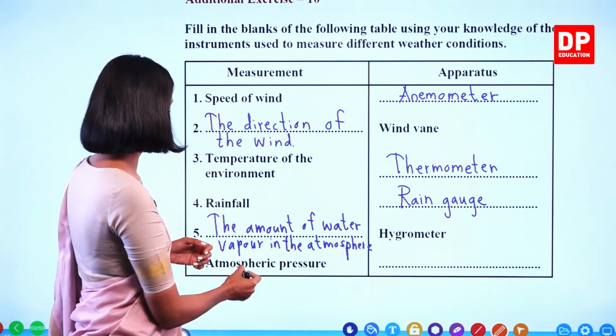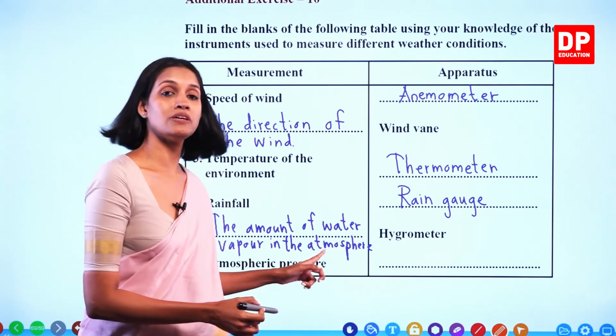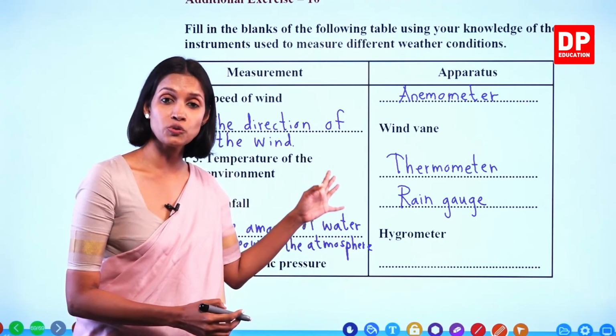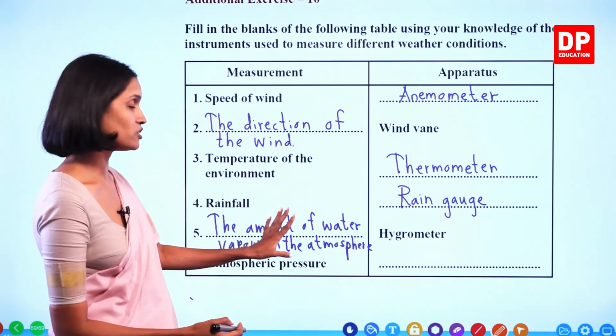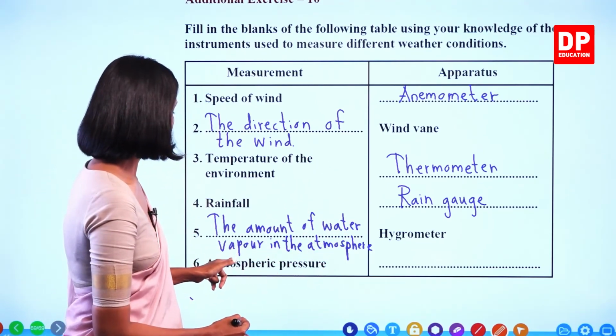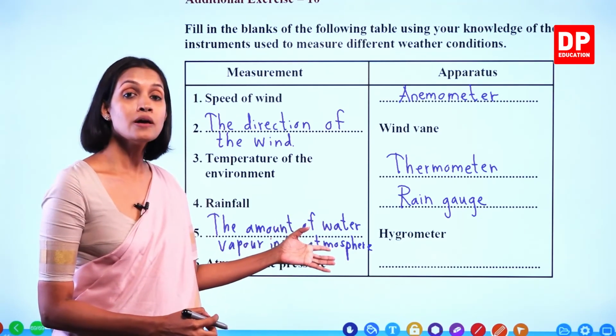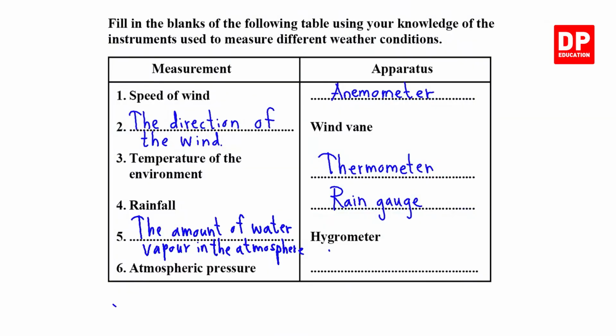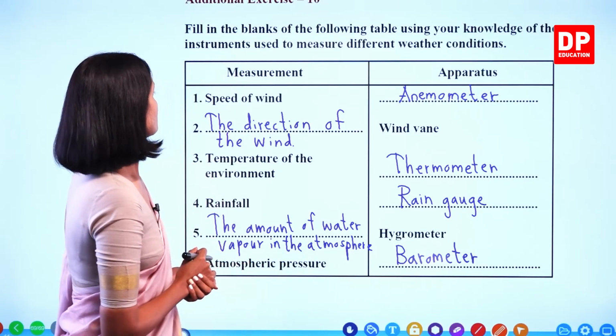And finally, atmospheric pressure can be measured with, even though we did not do it in the lesson, I already explained to you all during the exercise. Atmospheric pressure can be measured using the instrument called barometer. Barometer. Okay, children? Right.